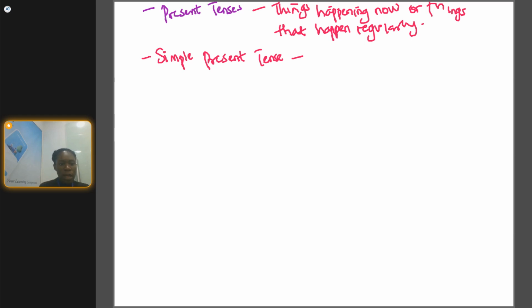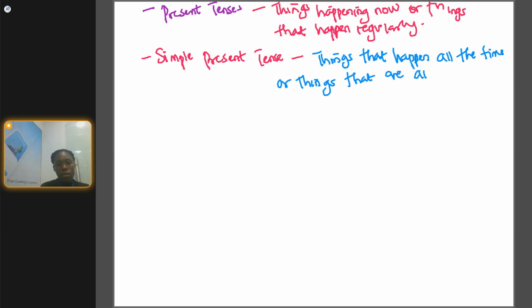So we can have them like simple present tense: things that happen all the time or things that are always true. You can think of something like the sun. We're familiar with the sun. The sun rises and it sets.